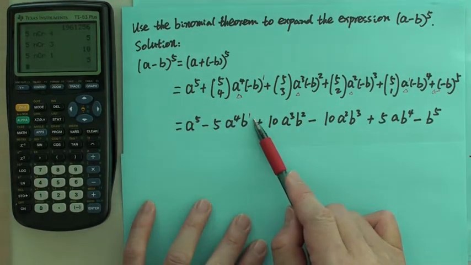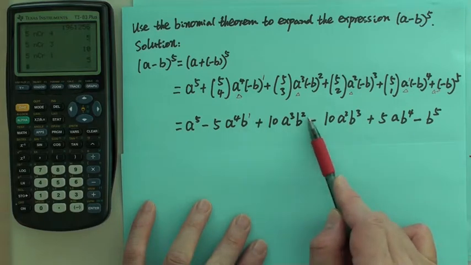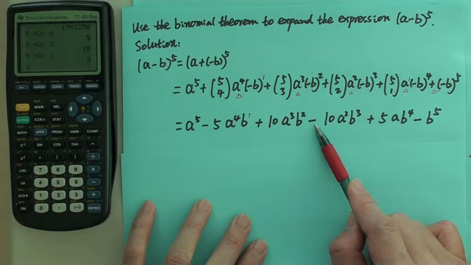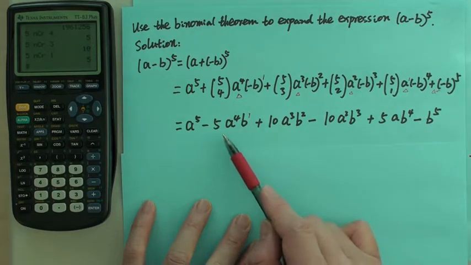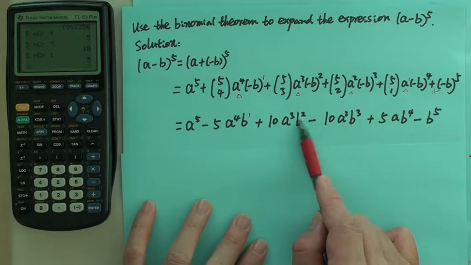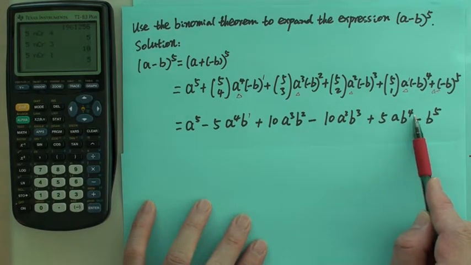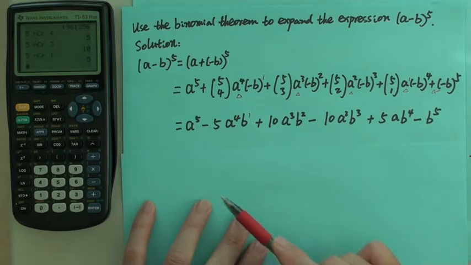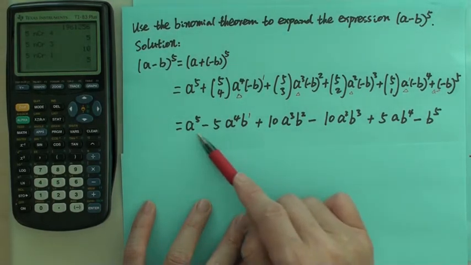Then if b appears an odd number of times, it's going to be negative. You see, cubed, negative. Fifth, negative. If it's an even number of times, you got b squared, so positive. B to the fourth, so it's positive. The first one has no b, so that's fine. Then you have a positive there.